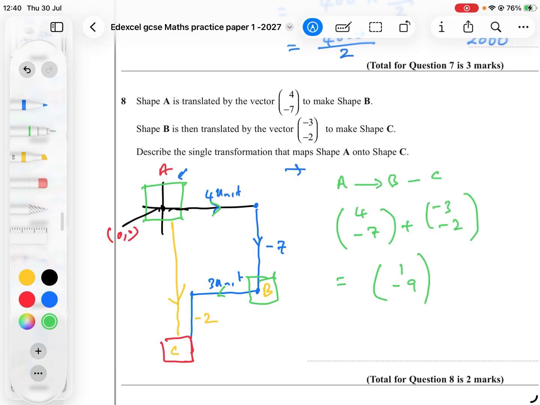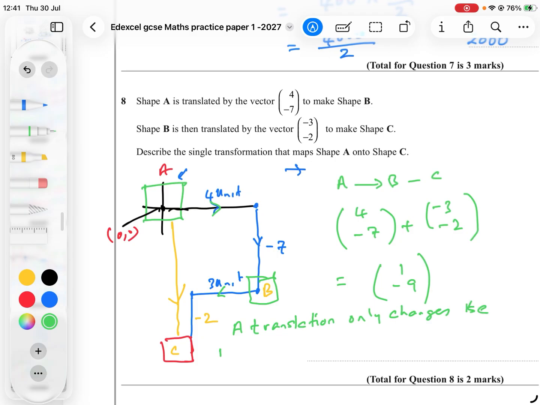So the single transformation that maps shape A onto shape C is a translation. A translation only changes the position of the shape.